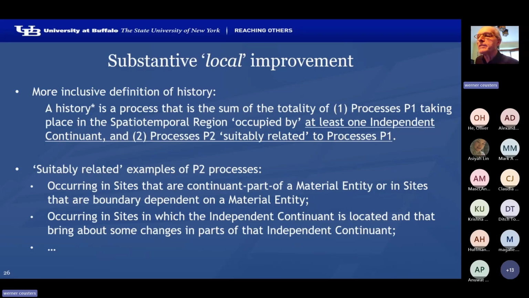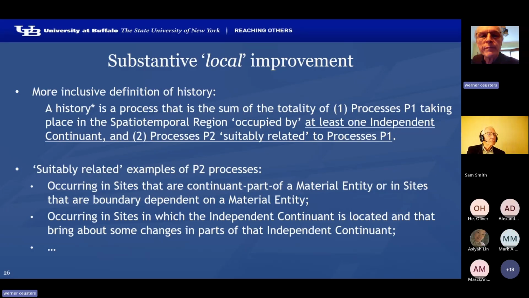Now, "suitably related" might be a little bit vague here, but it can perfectly be axiomatized. What is suitably related may vary depending on the circumstances, but there are certain combinations which happen quite a bit and that therefore could be introduced.